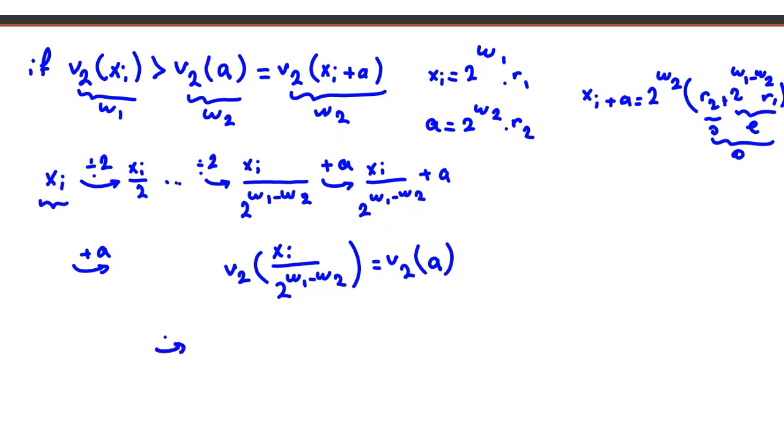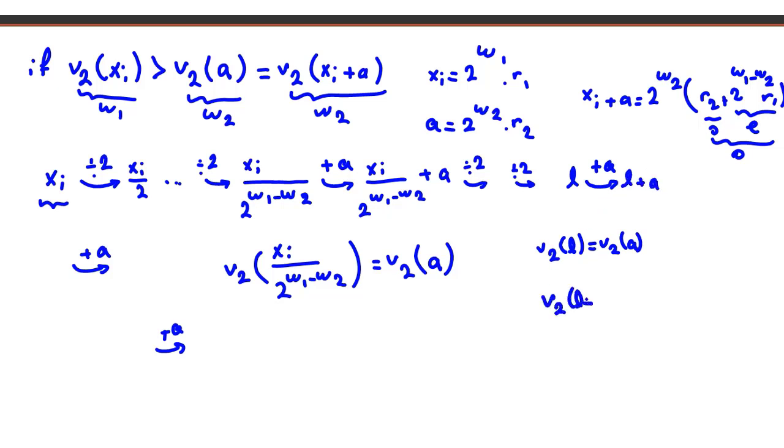Again, Alice doesn't do anything, adds a to other numbers until, for example, Bob divides by 2 to reach a number, say L, where v2 of L again equals v2 of a. In this state, Alice adds a again, and then v2 of L plus a will be greater than v2 of a. Again, Alice doesn't do anything, works on other numbers, and then Bob should divide by 2 up to this. In this way, Alice can ensure that Bob cannot reach an odd number starting from xi.